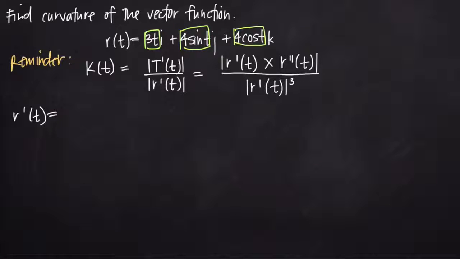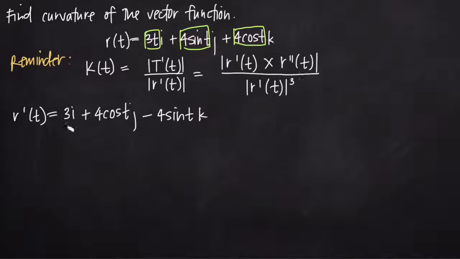The derivative of 3t is just 3, so we get 3i. The derivative of 4 sine of t is 4 cosine t, so we get 4 cosine of t times j. And the derivative of 4 cosine t is negative 4 sine t, so we get minus 4 sine of t times k. So there's our derivative.